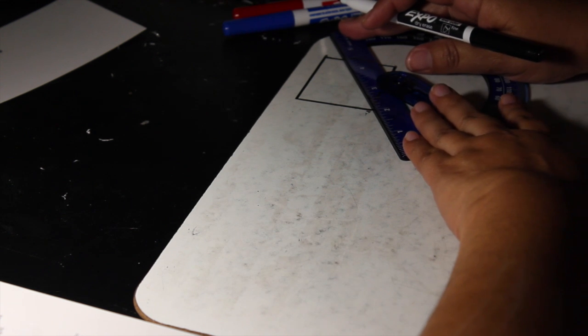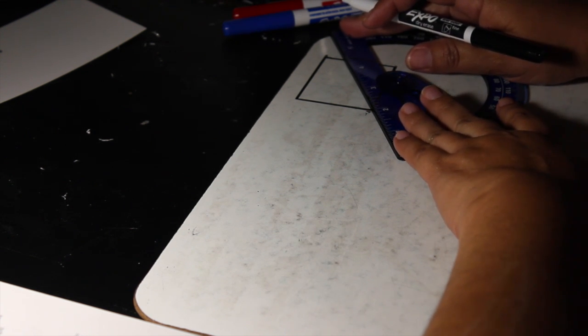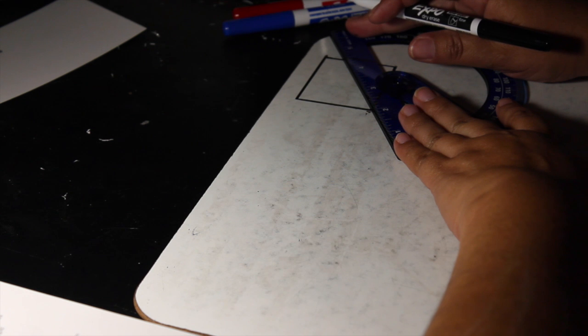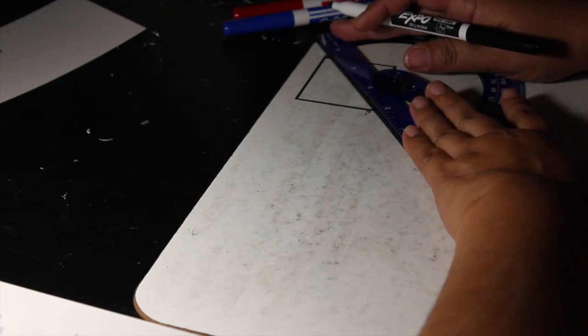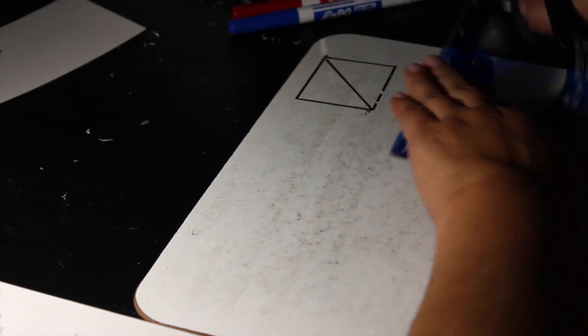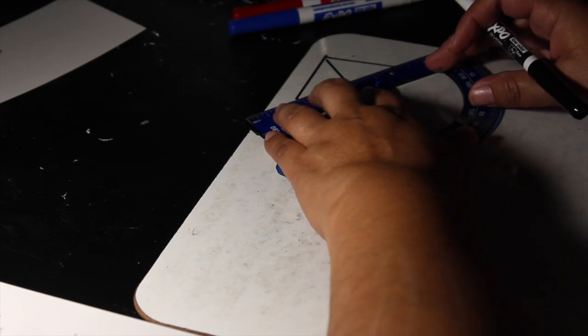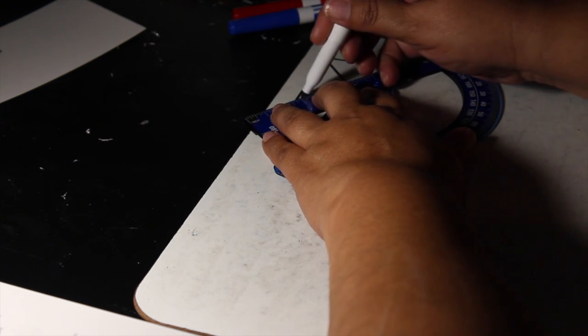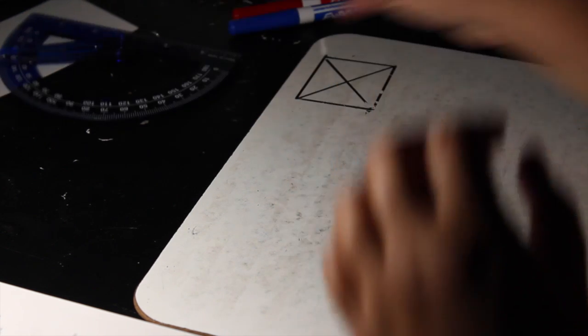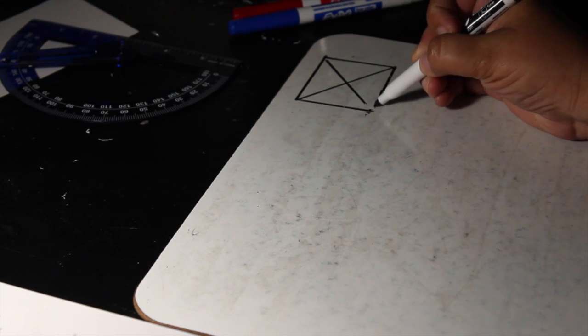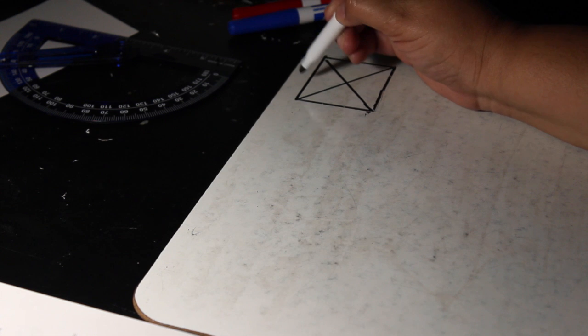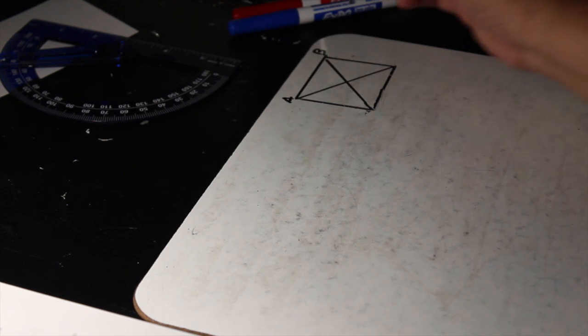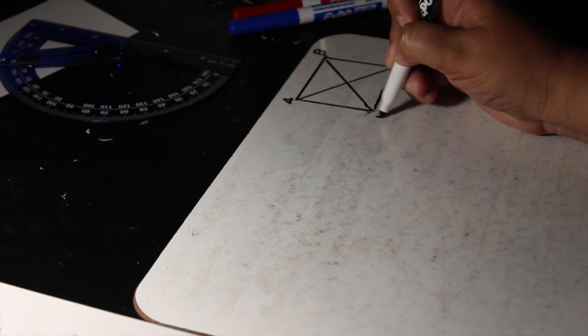So we have two triangles that make kind of an X. Okay, and the two triangles that we're looking at, let's give these points A, B, C, D.